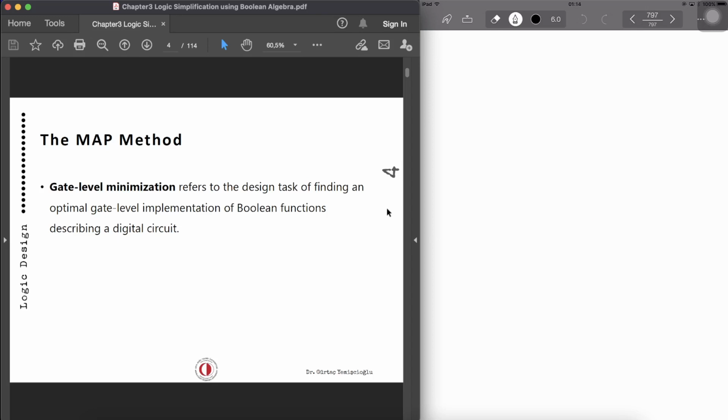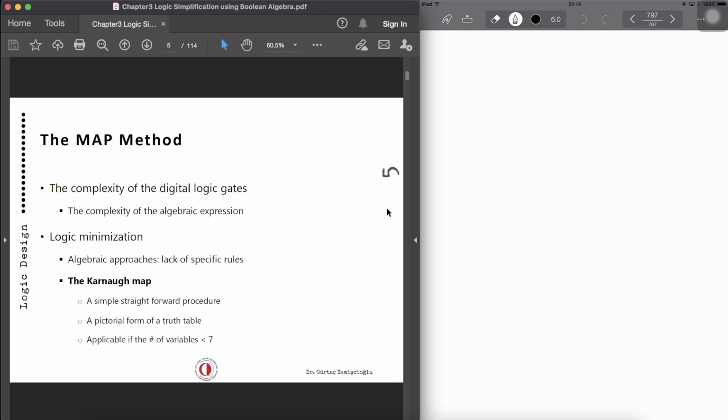So why do we need the map method? Because we can have complex digital logic gates, and these logic gates have complex algebraic expressions, so we need to do logic minimization. We can apply Boolean algebra, but in Chapter 2 we saw some specific rules, and at some points they are not enough.